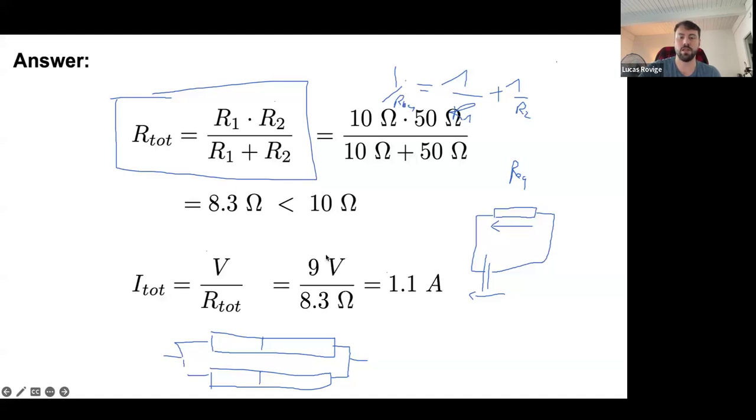And so if we do that, it's a 9-volt battery, we have an 8.3 ohm equivalent resistance, and so that gives us a current of 1.1 amps.